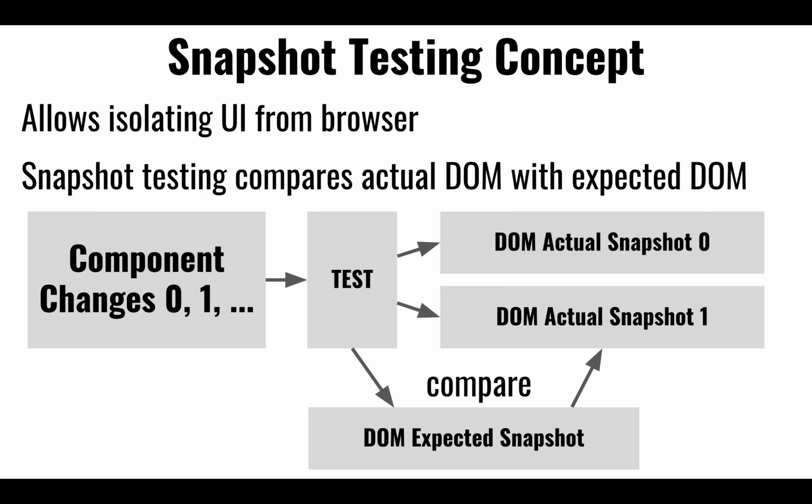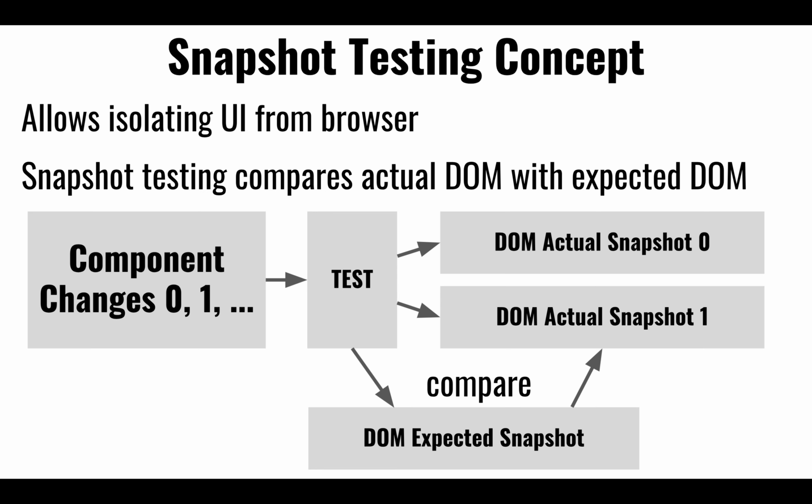So what snapshot testing does is that it can take as input a component or set of components, and then exercise it and render what that component would have looked like if it were running in an actual browser, right? And then it can take a snapshot of what the rendering looked like at some point.